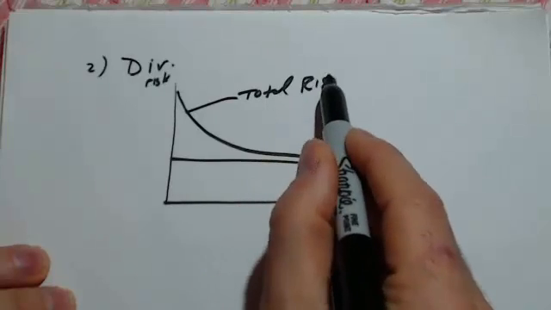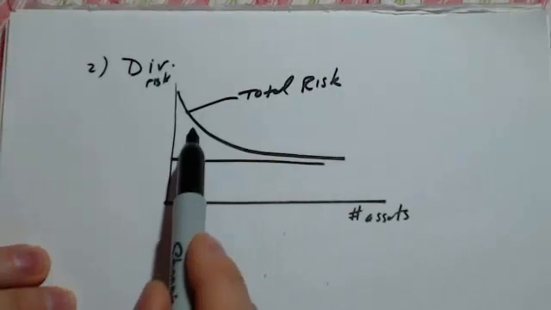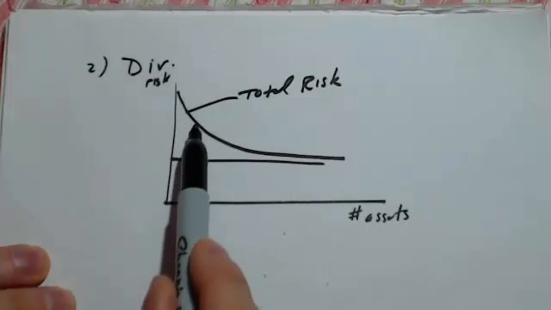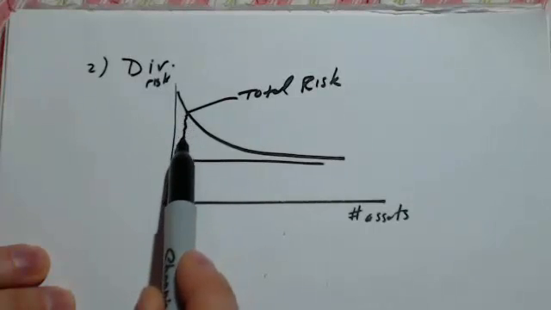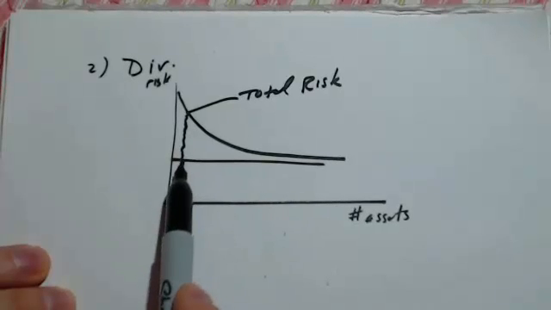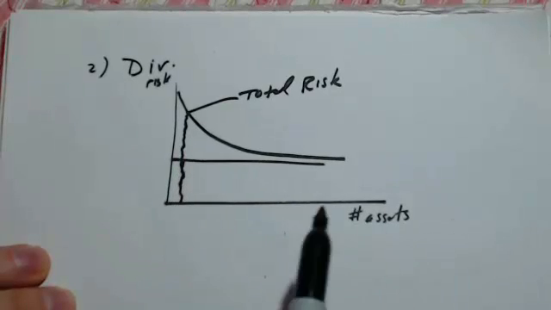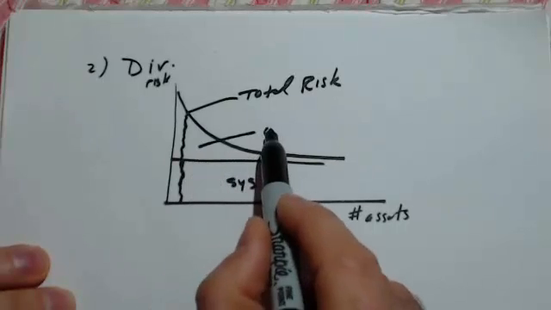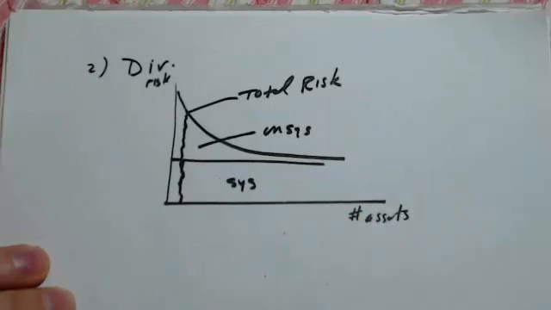Total risk is made up of company specific risk in this area right here, and then systemic macroeconomic risk here. So this is systematic, and this is unsystematic.